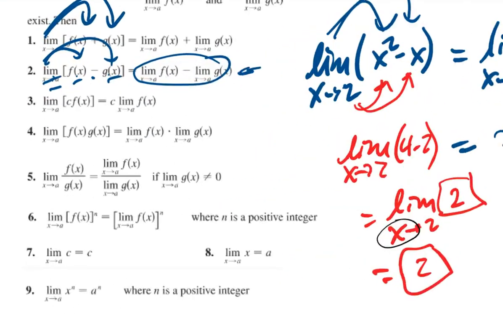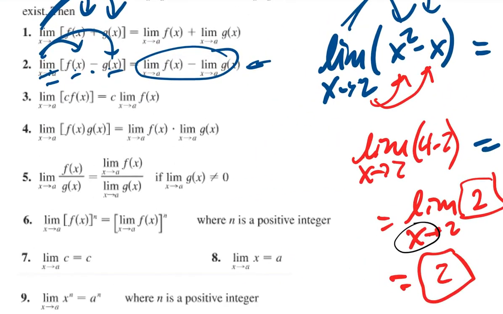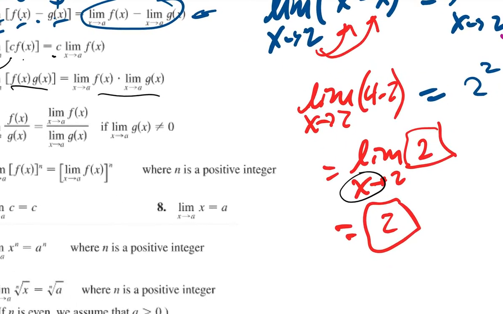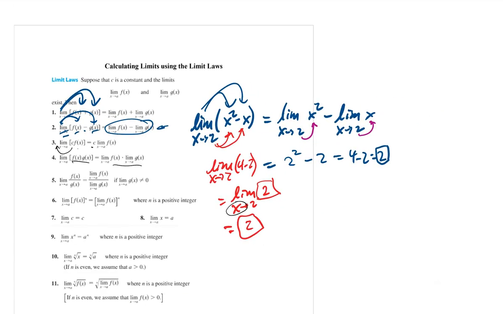Now, if you take the limit of a constant times a function, you can pull the constant out, like right here, it's pulled out. The limit of a product is the product of the limits. So for example, I'll do one of those.